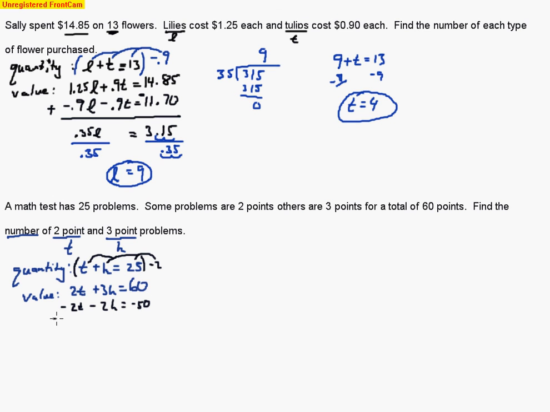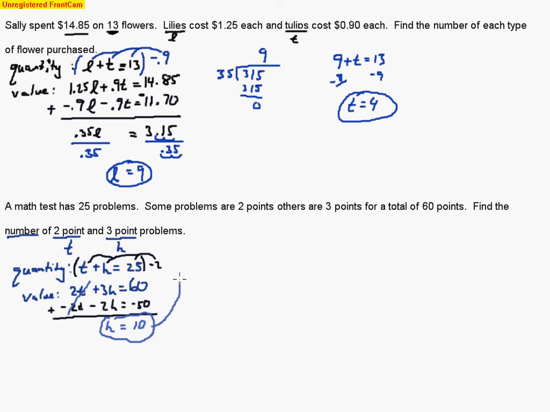Well, from that point, now I can add these equations together because I get a variable to cancel. So in this case, these t's cancel out, leaving me only with h equals 10. Well, there's my answer for h. H represented 3-point problems, so I know there's 10 3-point problems. To find the 2-point problems, just substitute.